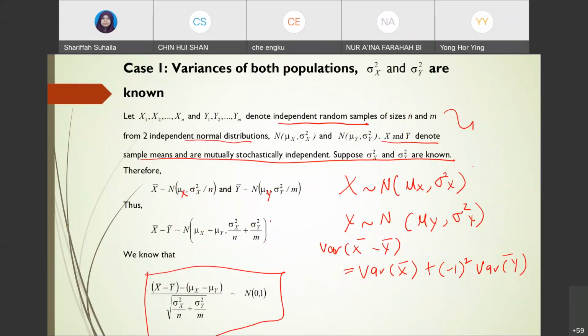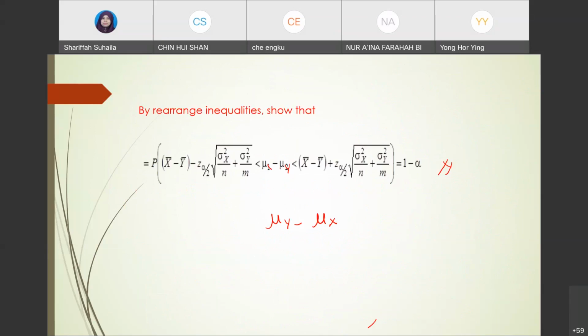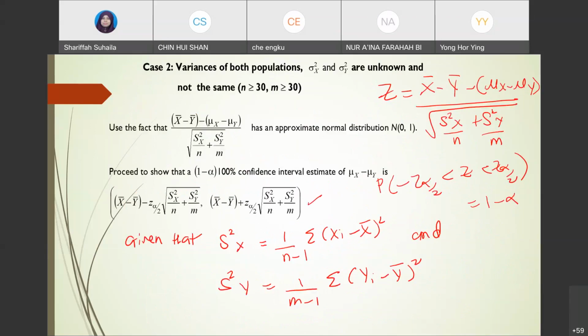Okay, this one. Just change: sigma square x, sigma square y are unknown. Given that your s square x and s square y are also independent. So s square x is this one, the sample variance for x. s square y, the sample variance for y. So both are independent random variables.